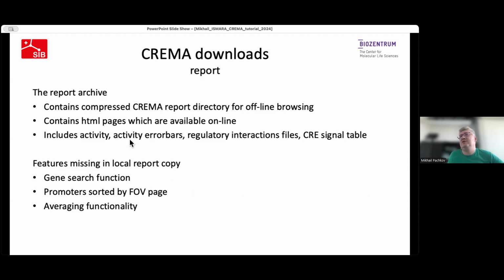The only missing parts are interactive features like the gene search function, the page with information about the fraction of explained variance per promoter, and it doesn't provide averaging functionality. Like for ISMARA, for CREMA, data is kept on the server for a minimum of 6 months, and user input data is currently not removed right after the analysis finishes, so it's also on the server.